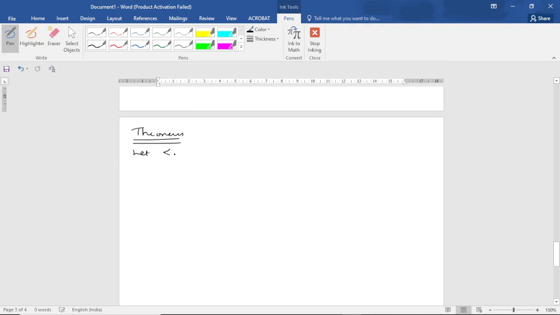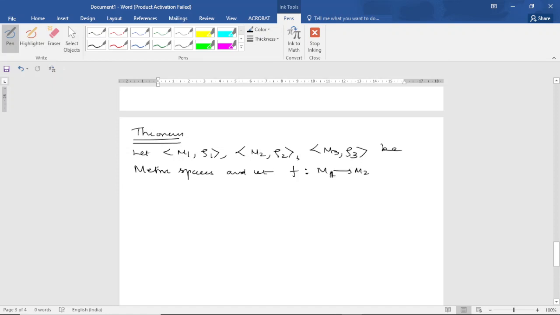Let m1 comma rho 1, m2 comma rho 2 and m3 comma rho 3 be metric spaces, three metric spaces I am considering, and let f be a function from m1 to m2 and g a function from m2 to m3.